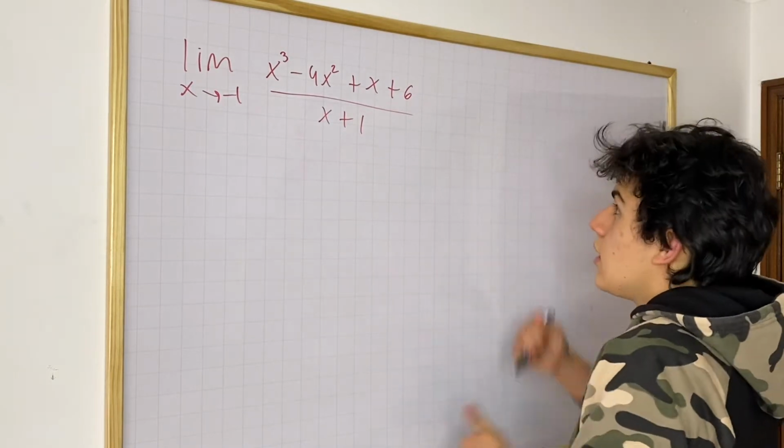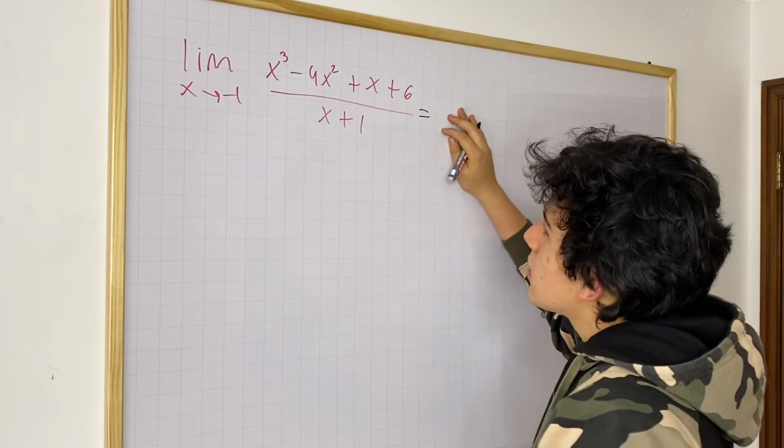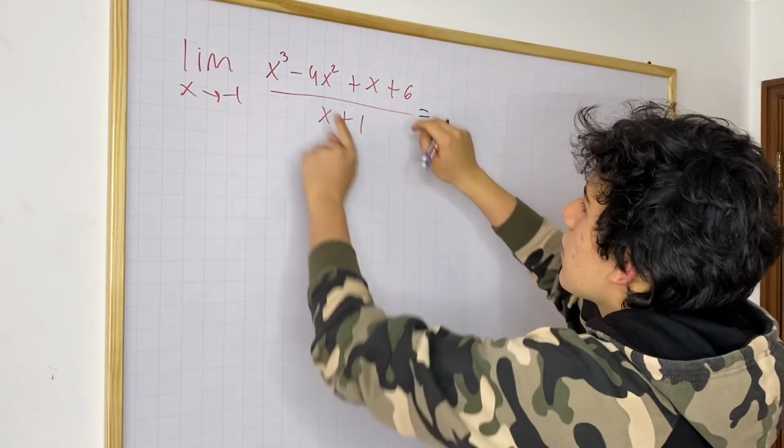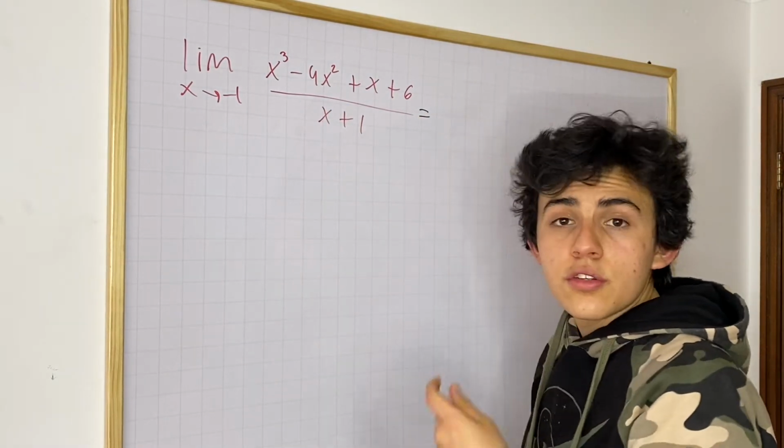Let's try that. So this is going to be equal to, now what can we group here? In this case, we could place these two x's together, and then these 4 and these 6, and factor out 2 from them.